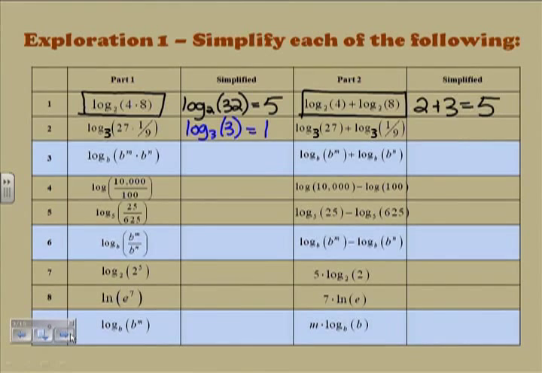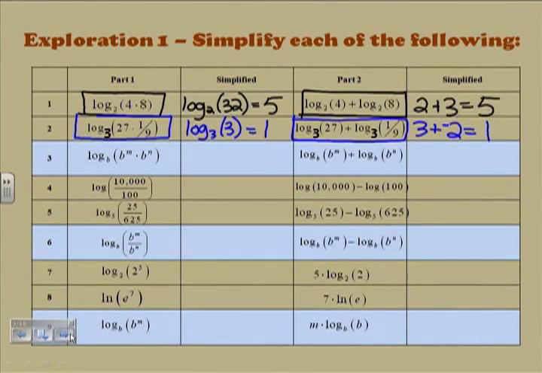Log base 3 of 27. Do you know why that's a 3? 3 cubed is 27. Plus 3 raised to what power gives me 1 over 9? That's a negative 2. And when I add, I get 1. Okay, so again, it's kind of interesting. It's a little bit more interesting that it happened again.